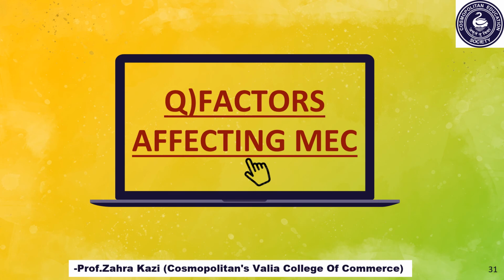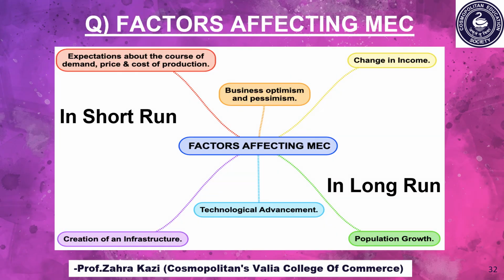The last question under this topic of investment function is factors affecting MEC. Let's understand this. There are many short-run and long-run factors that affect the MEC in an economy. Let's first understand the short-run factors affecting the MEC. The very first one is expectations about demand, price, and cost of production.